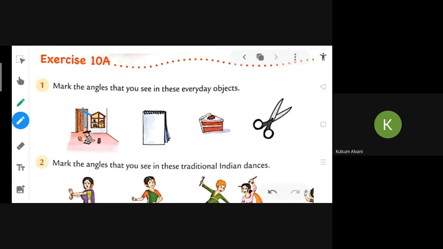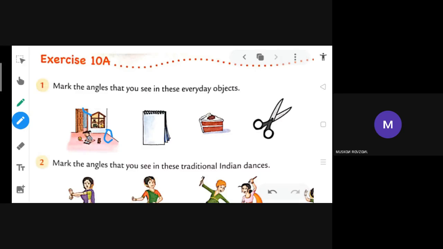Excuse me, ma'am, but ma'am, the door is not a corner. Listen. In the floor also there is a corner. Yes, what, Muskan? Ma'am, in the floor also there are four corners. Ma'am, where they meet, no? Yes, ma'am. But the door is not a corner. How not a corner?